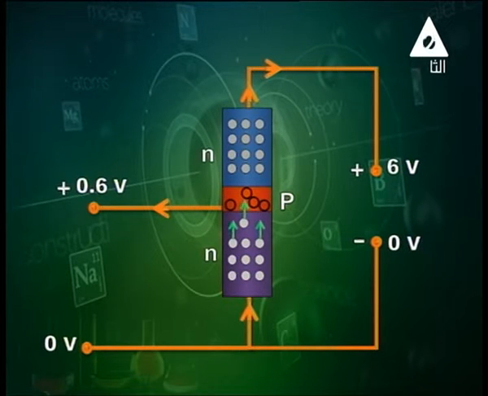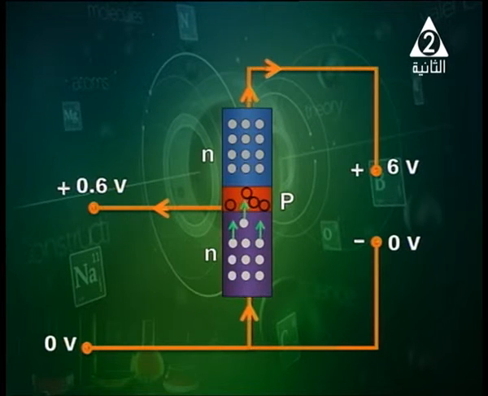Your attention, please. The base in this case, in the NPN type, should be connected to a positive potential, at least 0.6 or 0.7 volt. In this case, electrons will flow from the emitter to the collector.